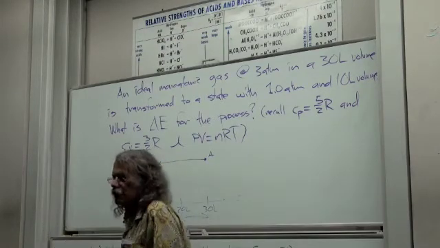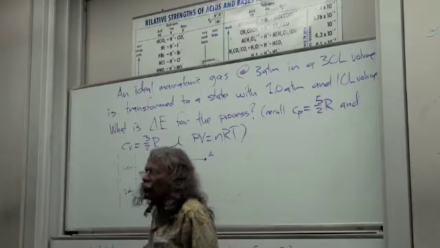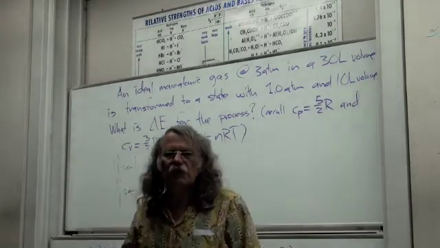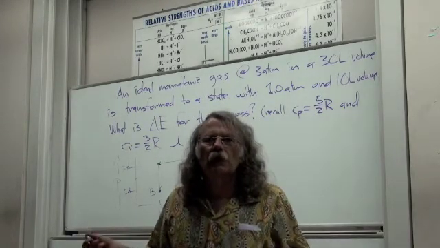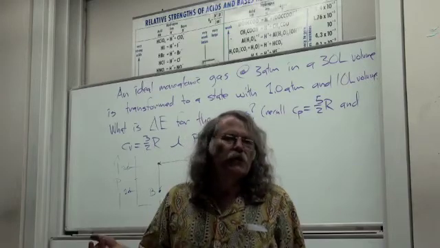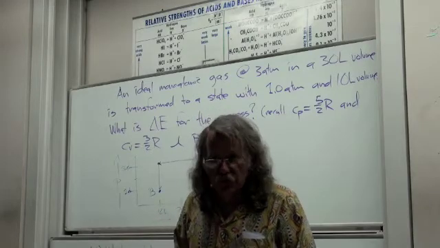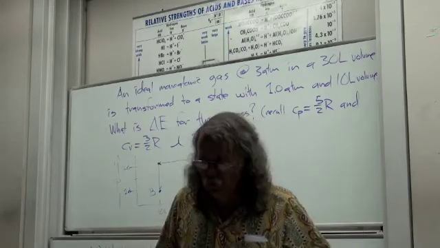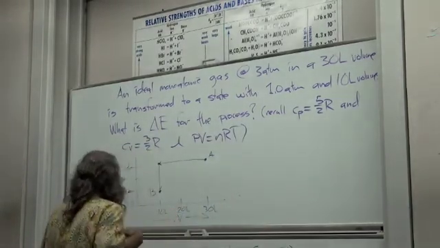I could have done an isochoric step first and then an isobaric step. It's going to give me the same result either way, because the energy is a state function. Therefore, it is path independent.